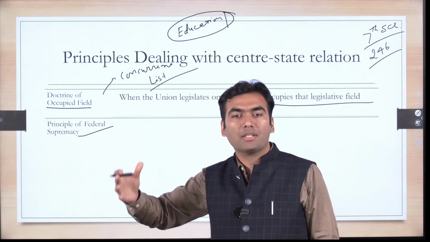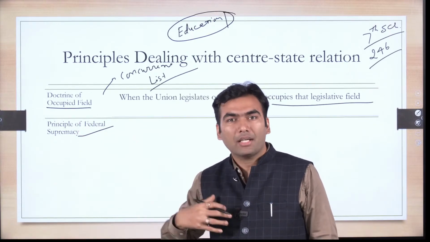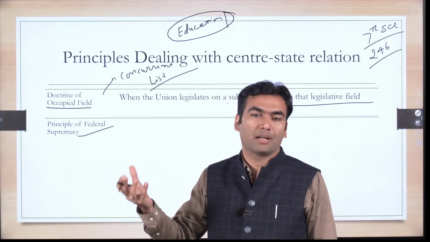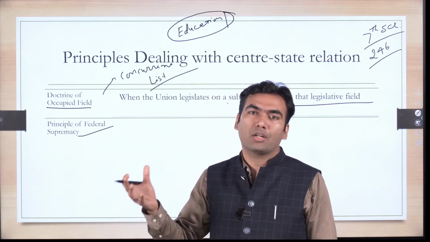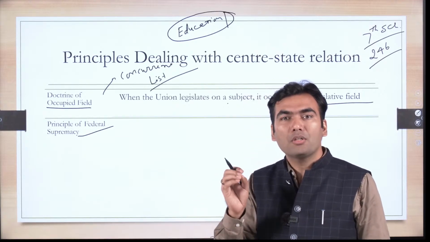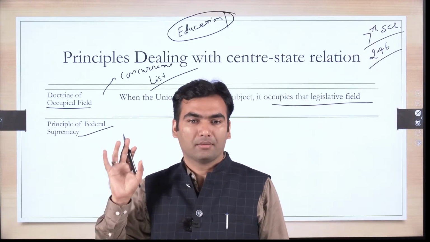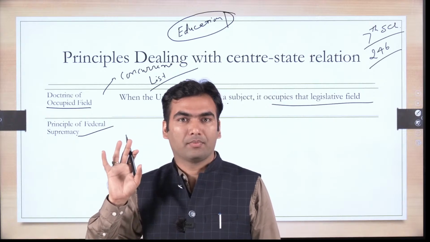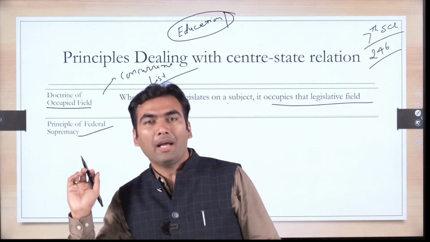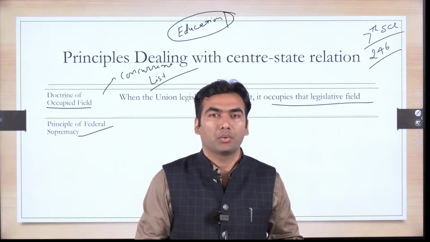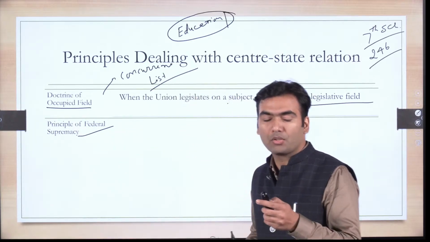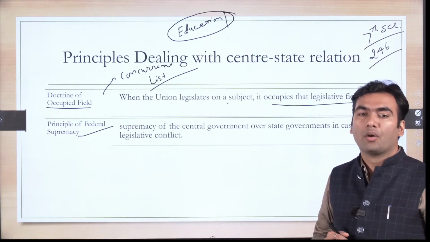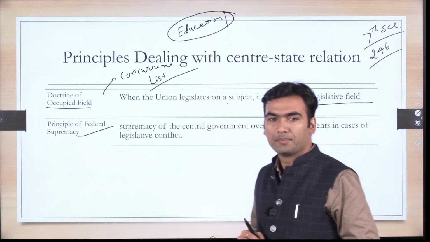Obviously, since it is a state list, the state law would prevail and the center law would be null and void. If it is on the union list, the union law will prevail, and a state law will be null and void. Suppose both have competency to make a law, and the laws are contradictory to each other. In that case, because of the principle of federal supremacy, the union law will supersede.